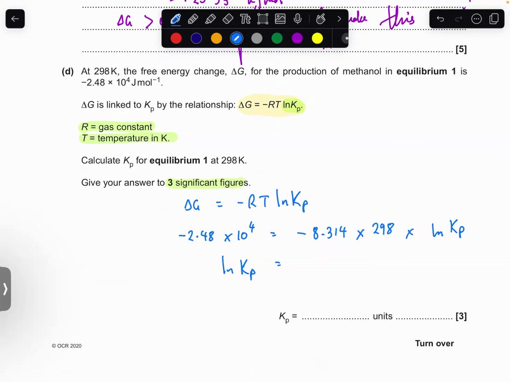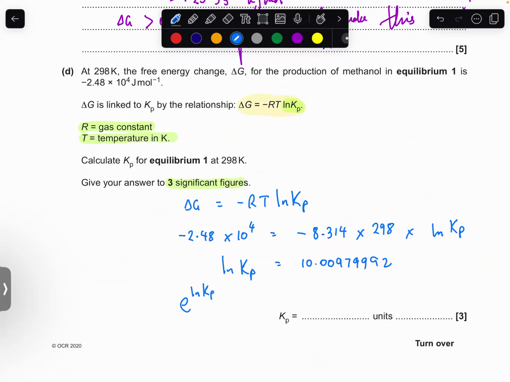So for ln Kp, this gives us 10.009799992, and then we take the E of that, E to the power of ln Kp.